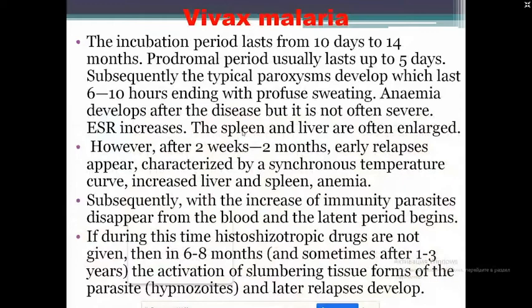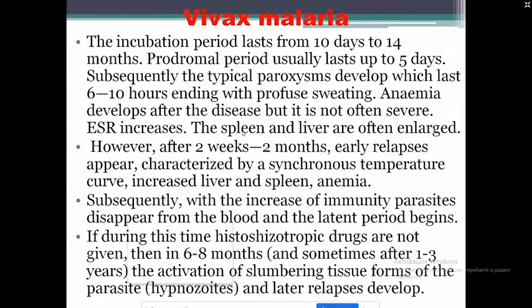Please, features of the Vivax malaria. The incubation period lasts from 10 days to 14 months. The prodromal period usually lasts up to 5 days. Subsequently, the typical paroxysms develop, which last 6-10 hours, ending with profuse sweating.